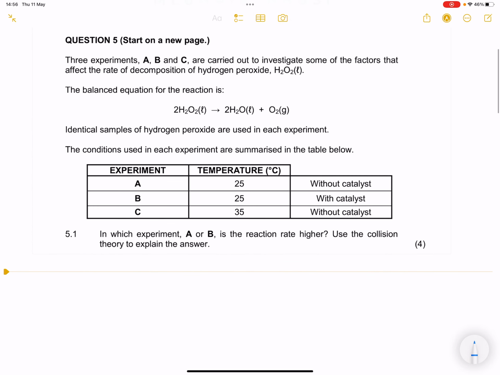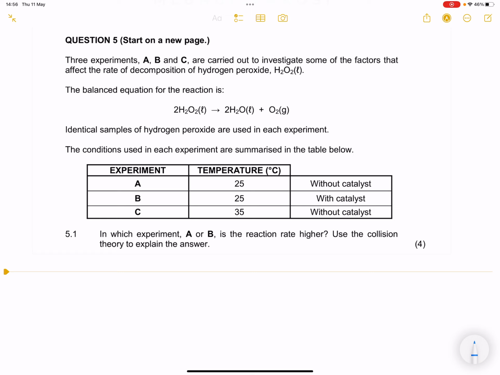Okay. So they say to us, we've got three experiments, A, B, and C, that are carried out to investigate some of the factors that affect the rate of decomposition of hydrogen peroxide. The balanced equation for the reaction is given there.